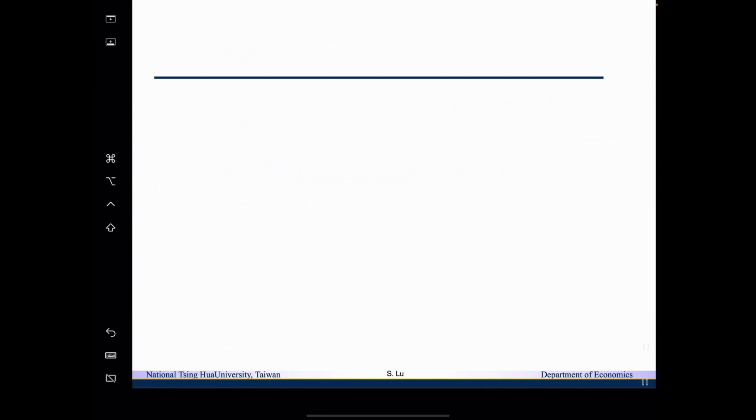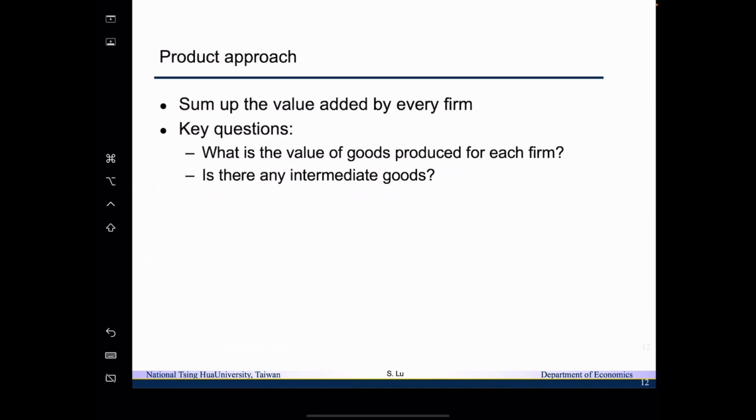Finally, for the product approach, we need to add up all the value added by every firm. So the key questions we need to ask to come up with GDP using the product approach is that we need to ask what is the value of the goods that is produced for each firm, and then we ask, is there any intermediate goods?